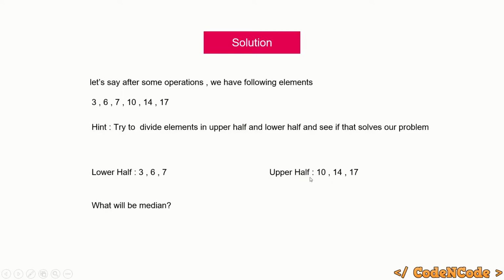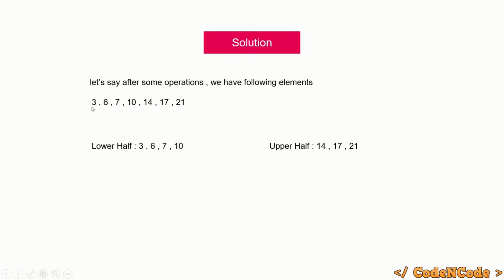So now what will happen if we have an odd number of elements? As I have already told you, now my lower half will have one extra element and my upper half will have one element less than the lower half. Now in this case, when you know that their sizes are not equal, that means we have a total odd number of elements. If we have a total odd number of elements, what will be my median?